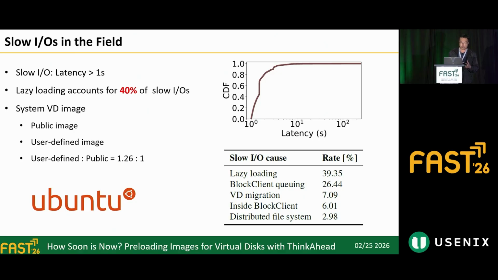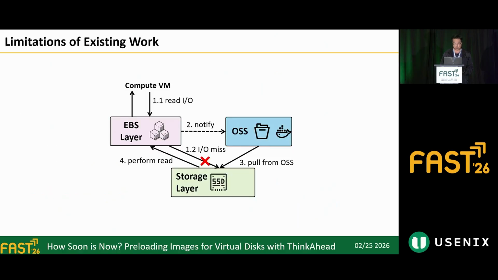But a significant portion of these images are user-defined, containing user data. These images are so diverse that you cannot simply know everything in advance. You probably need to get these images on the fly. So the challenge here is how we tolerate these slow I/Os in the image loading process.